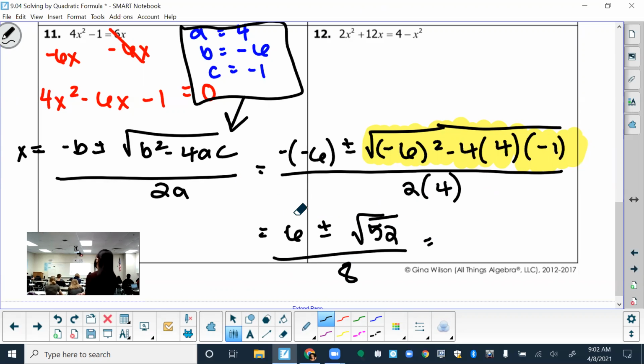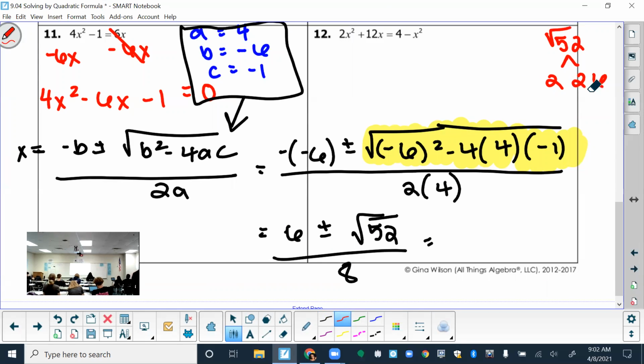Now, can I just leave my answer like that? I cannot, because the radical isn't simplified. So I can leave it in this setup. I just need to simplify that radical. So what are 2 numbers that multiply to 52? Probably 2 and another number.